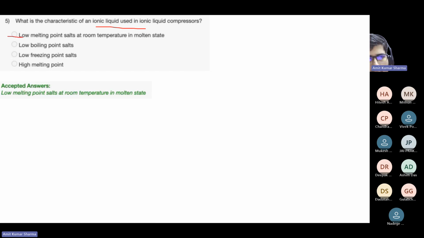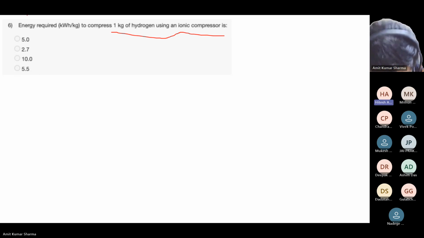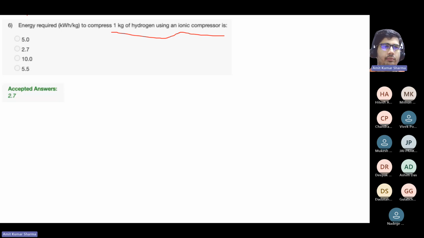The energy required in kilowatt hour per kg to compress 1 kg of hydrogen using an ionic compressor is 5, 2.7, 10, 5.5. 2.7. Yes, and it is the lowest among other compressors. The correct answer is 2.7.